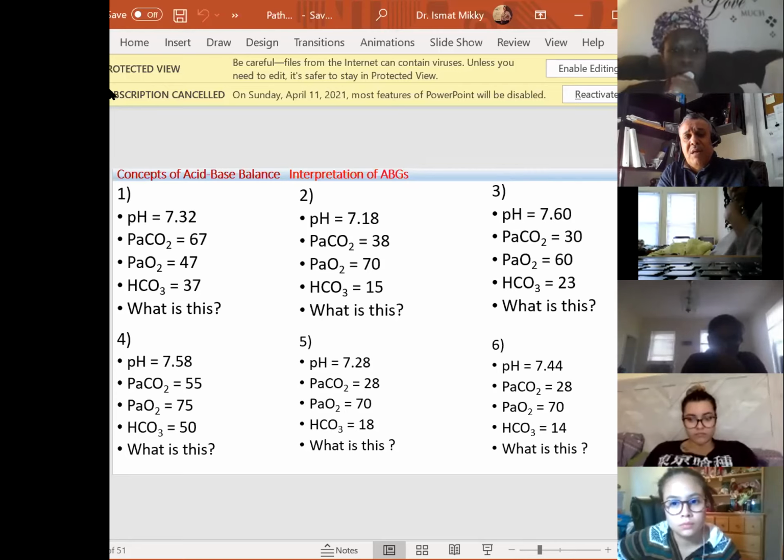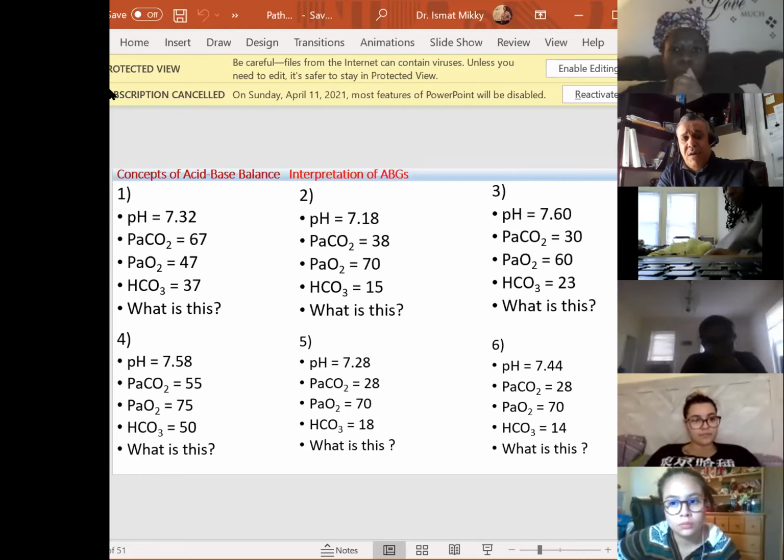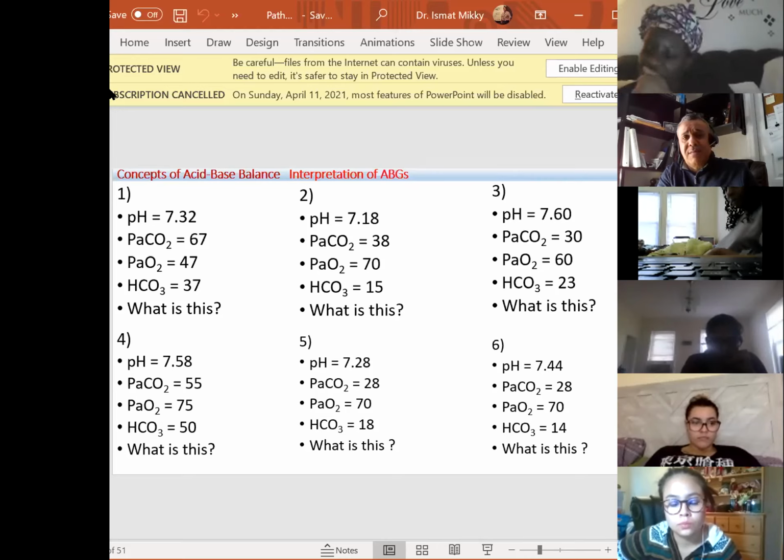That will be evident in two things. The pH is out of range, still hasn't been fixed, and the non-matching component, in this case the bicarb, is still within range, between 22 to 26. So that would be no compensation.